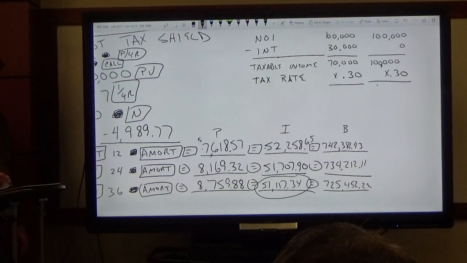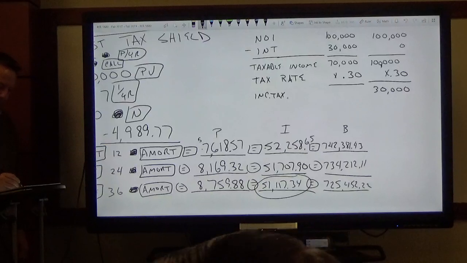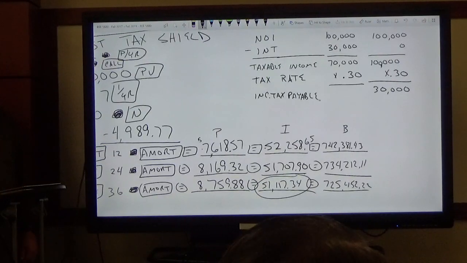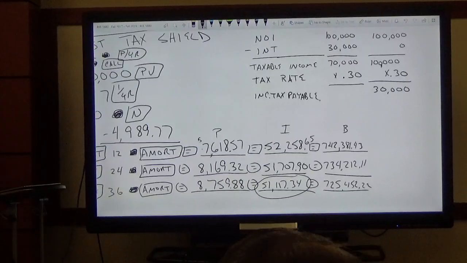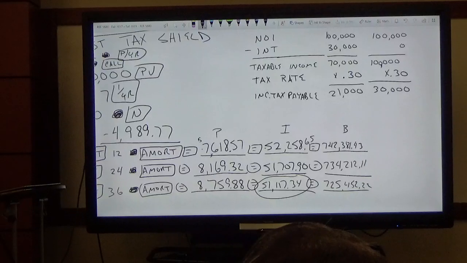In this case over here, that would be $30,000 in income taxes payable, whereas over here would be $21,000 in income taxes payable.